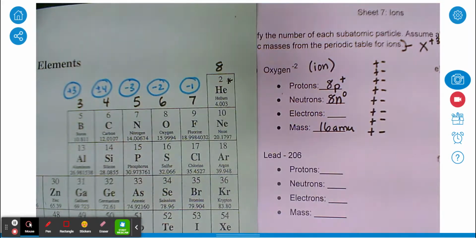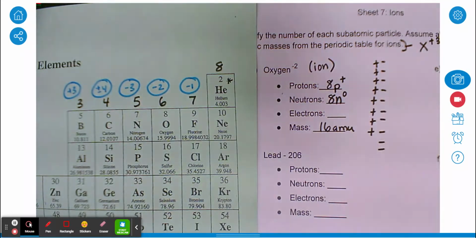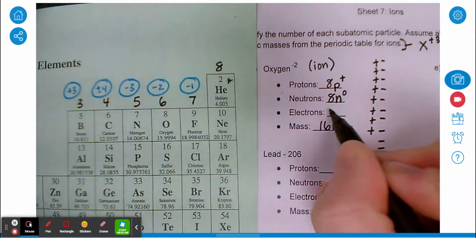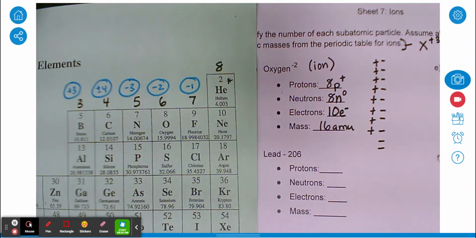So I had 8 electrons and 8 protons to begin with. This oxygen ion has 2 extra negatives. So if I have my neutral, and then my 2 shown, I can see, oh, I have 10 electrons. That's one way to get to an answer.